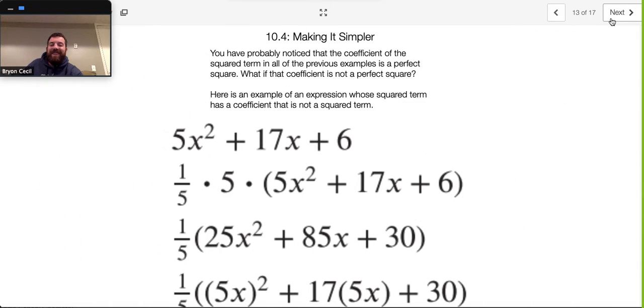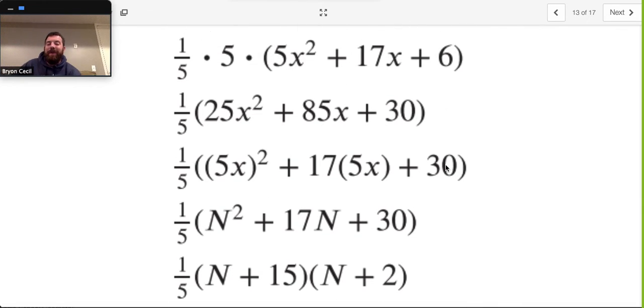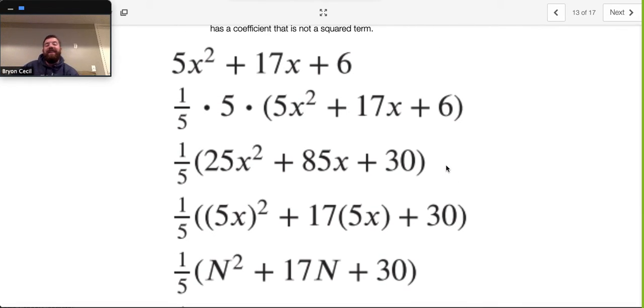All right. See, aren't these fun? I think these are nice little puzzles. Okay, so here's another thing that you've noticed in all of these: what if the coefficient's not a perfect square? What do we do to get it to be 1? To make it a perfect square, take it times that 5 to make it a 25x, and you can use the placeholder.